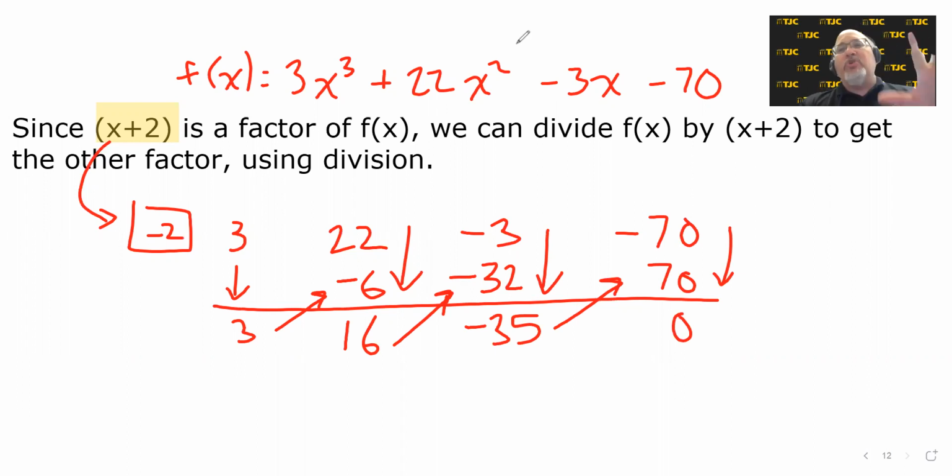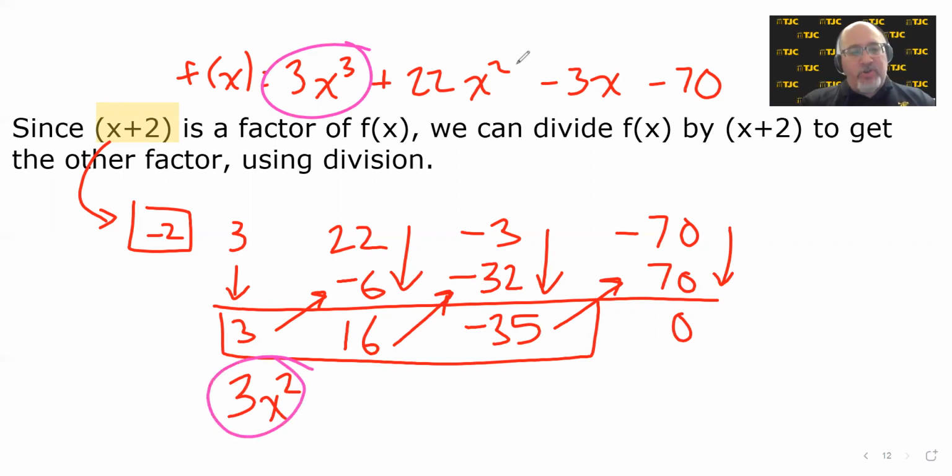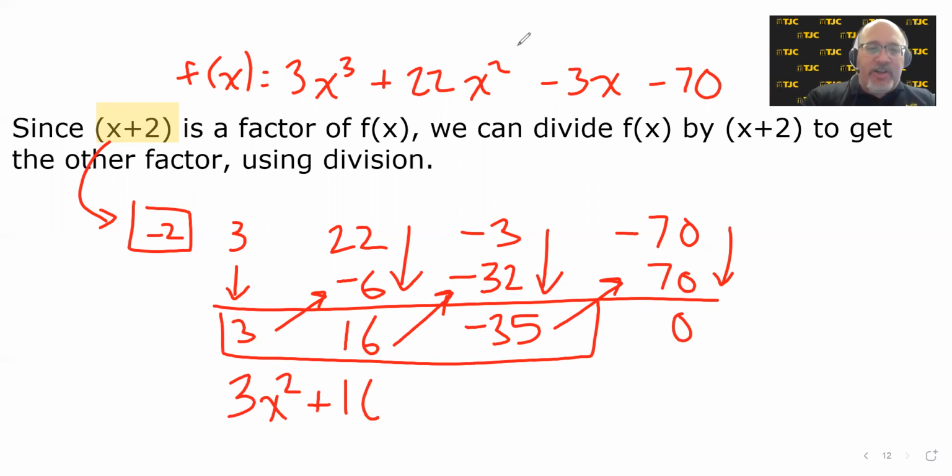And remember, when you do a synthetic division problem, you are answering a division problem, and the answer to the division problem can be found in the bottom row except for the last number, because the last number is a remainder. So this means that our quotient is 3x squared because we start 1 degree less than we started. This polynomial starts with x cubed, so its quotient will start with x squared, since we're doing synthetic division, plus 16x minus 35.